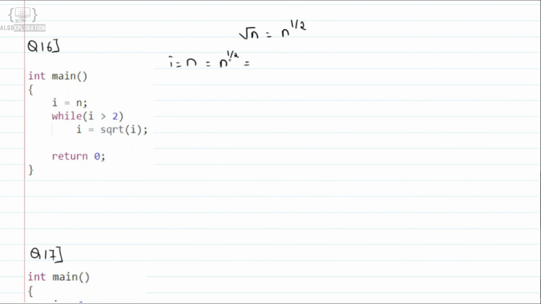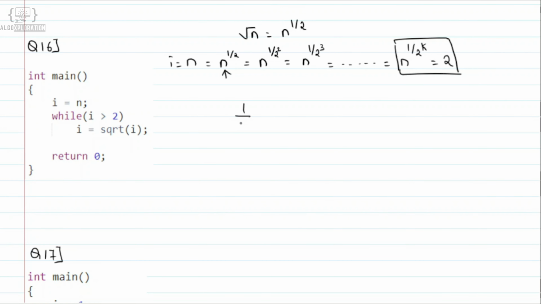Again we are applying the square root, so it will become n raised to (1 by 2) square. Again apply the square root, it will become n raised to (1 by 2) cube, and we will do this k number of times. That will become n raised to (1 by 2) raised to k, which will be equal to 2, so that the condition will terminate. Now we have to find the value of k.